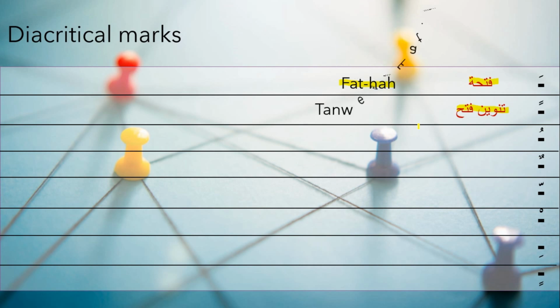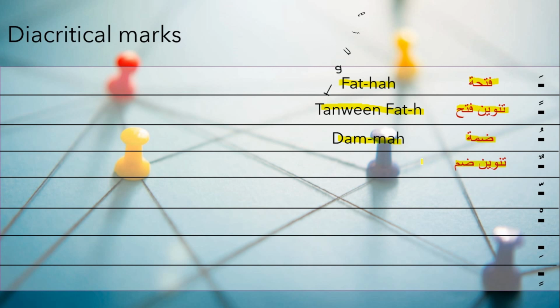So fatha is the first diacritical mark, then tanween fatha. If you look at the symbol itself, it is one line. But tanween fatha, once we use the word tanween, that means it will be duplicated. So 2 fathas. This is called tanween fatha.